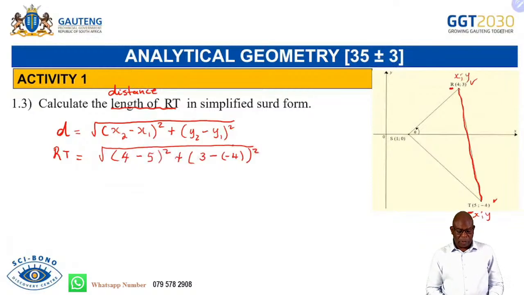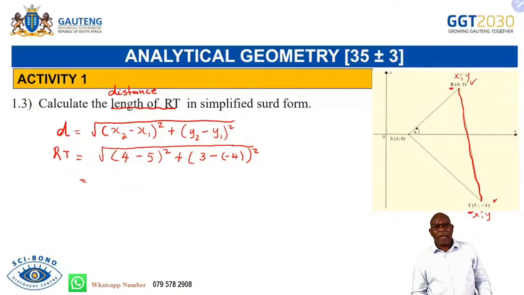Everything must be squared. With me, I prefer the calculator, that you put everything in a calculator as it is, so that you don't make silly mistakes, whereby you say 4 minus 5, and then from there you make a mistake. Then from there you write maybe 9 or whatever, or 1. Then from there you have 3 minus into minus 4, you write negative 7 or something. Then you make mistakes.